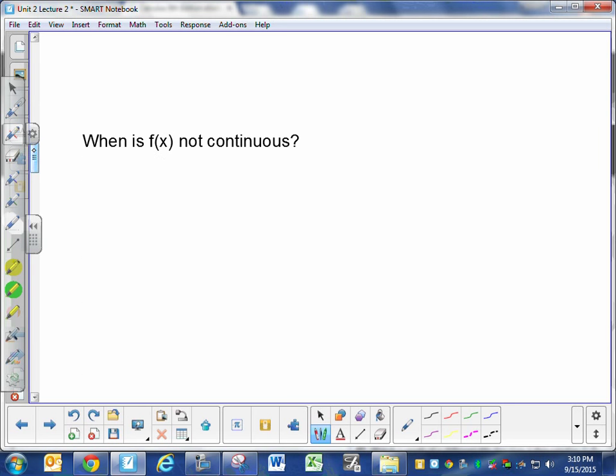Now, when are functions usually not continuous? Well, usually when the function values don't exist, or when f of c is undefined. When does that happen?